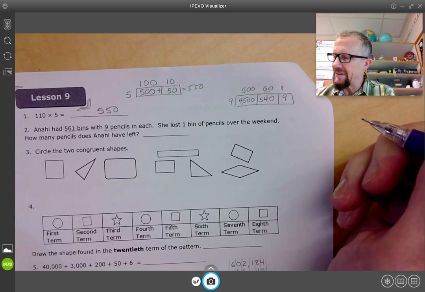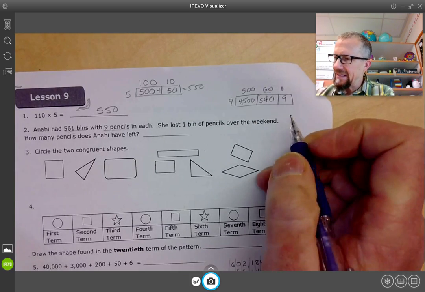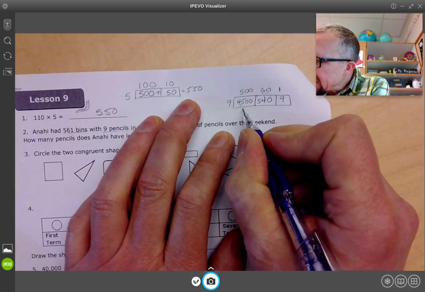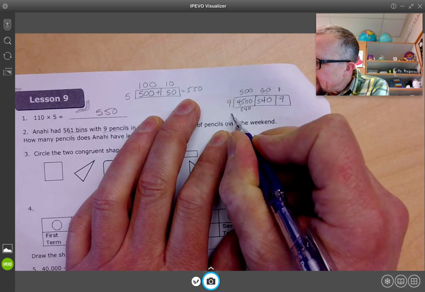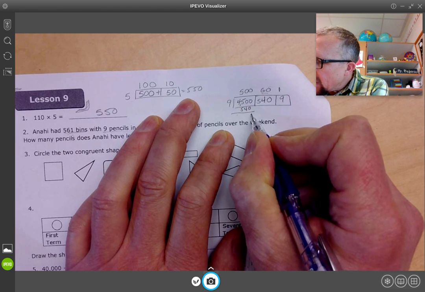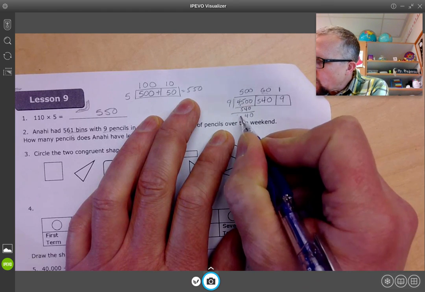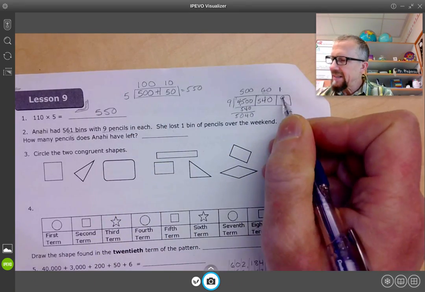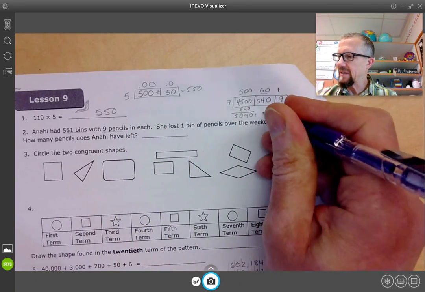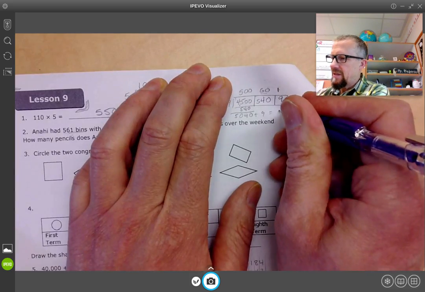Now I can add all this up. I'm just going to put the 540 right underneath that. So I've got 0, 4.